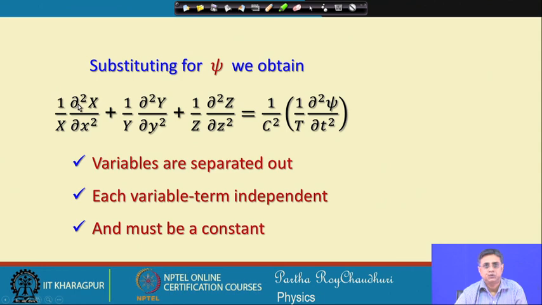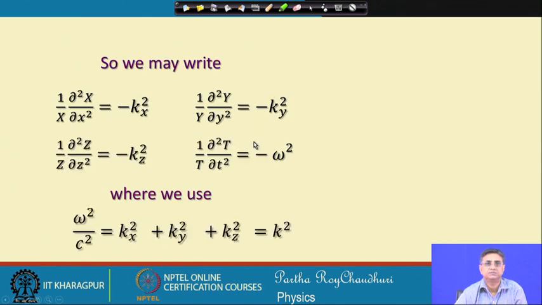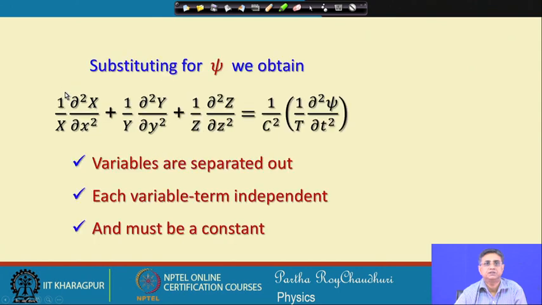So, if each of the terms is independent, then they must be equal to a constant. Putting that constant for each of them, I put this equal to minus k_x squared, this one equal to minus k_y squared.